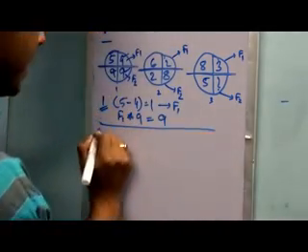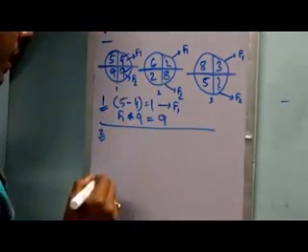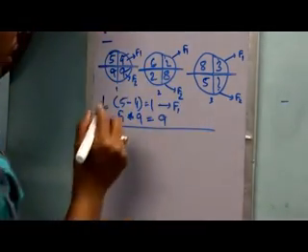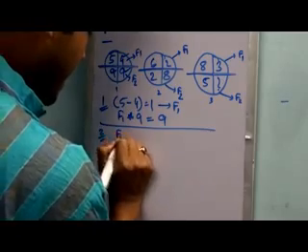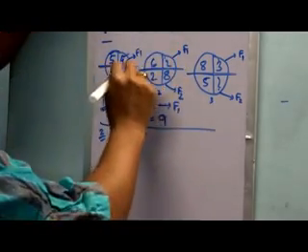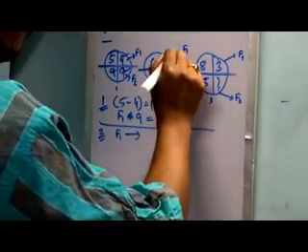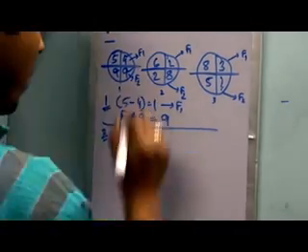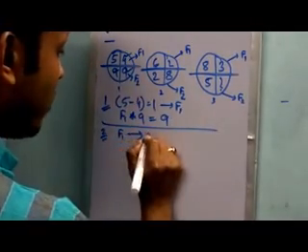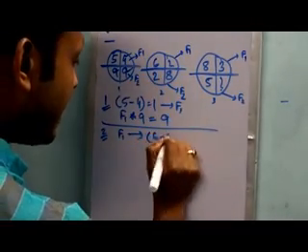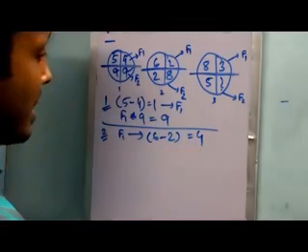Similarly, apply this sort of logic in diagram number 2. In case of diagram number 2, what do we get in flap 1? We get flap 1 equal to 6 minus 2 equal to 4.